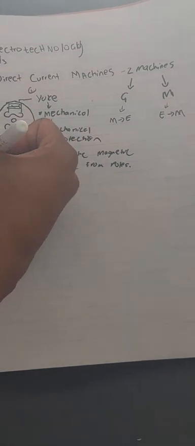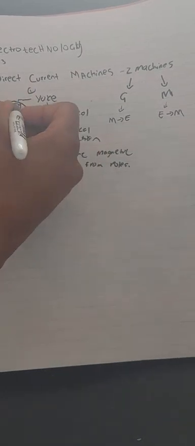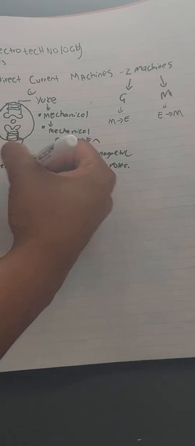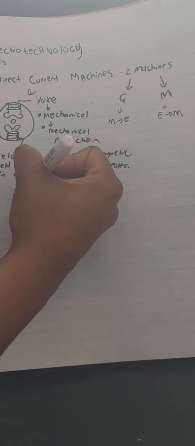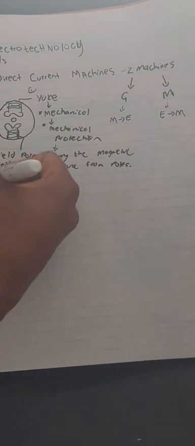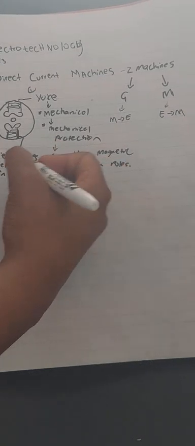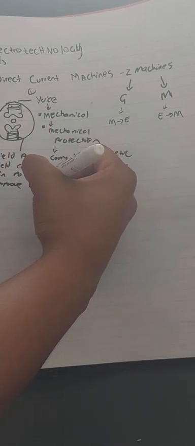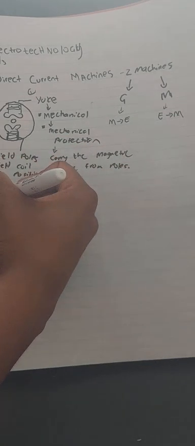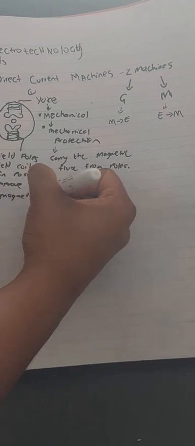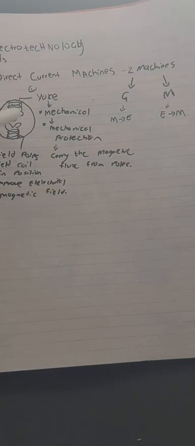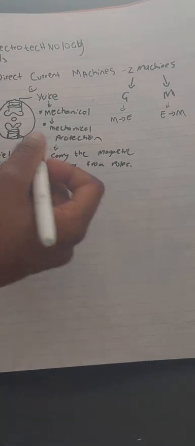The first function of the field pole is to hold the field coil in position, and the second one is to improve the electromagnetic field.